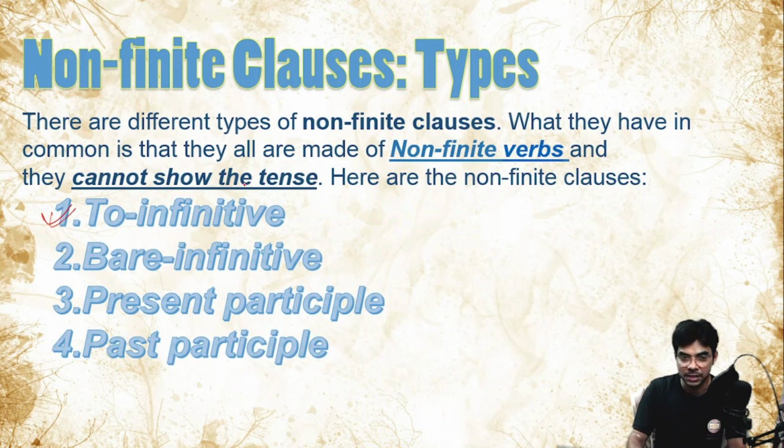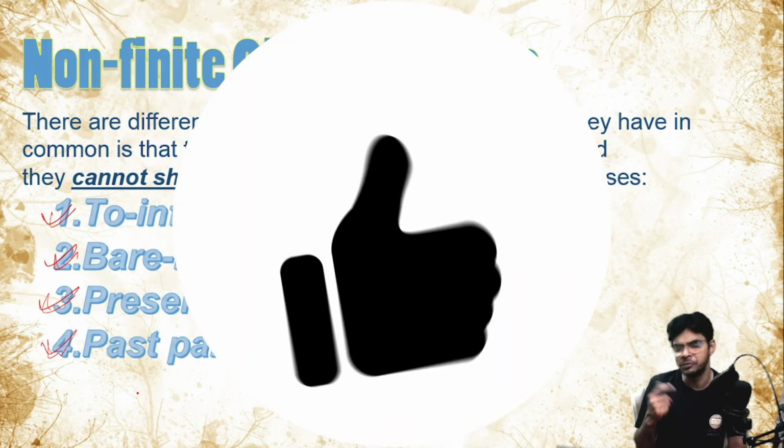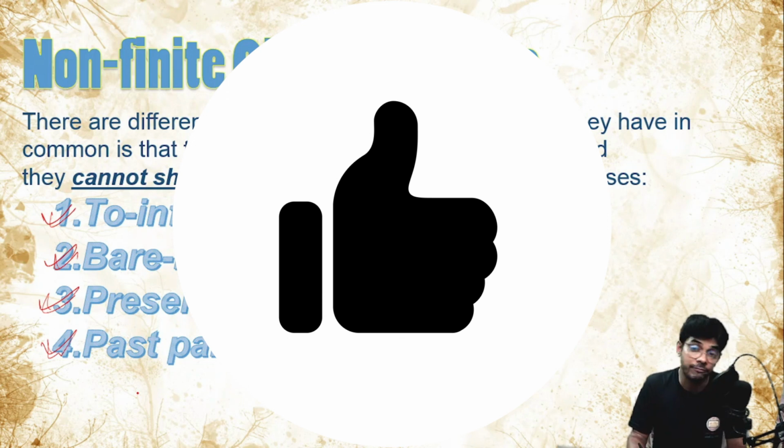So when to-infinitive forms non-finite clauses, we get bare-infinitives. They also can form non-finite clauses. Then we have present participle, which we have learned in the second example, and we have past participles. So here we have two infinitives, to-infinitive and bare-infinitive, and two participles, present participles and past participles, which we may use as types of non-finite clauses, and we can't use perfect participle here for non-finite clauses.